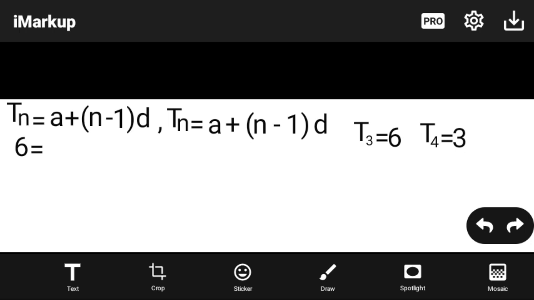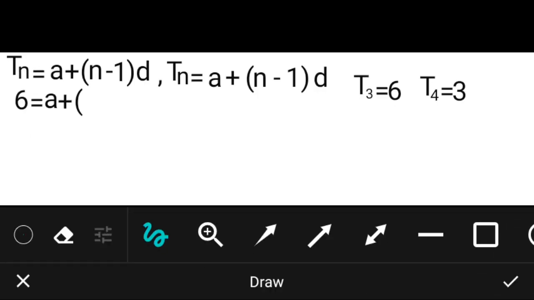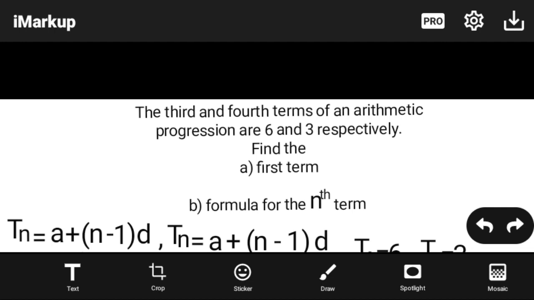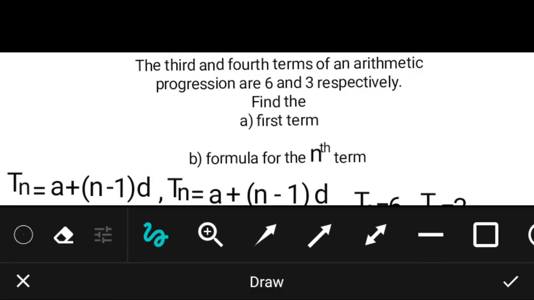We have not been given the first term, so you put a there, then a plus, open bracket, n there. Again here, you need to be very careful, and there, put that number which they mentioned in the question. In the question they said the third term.